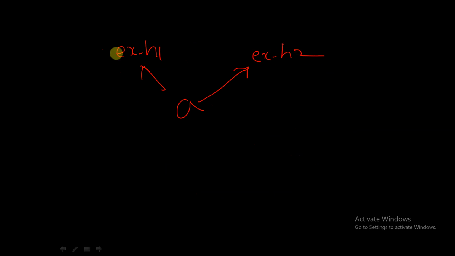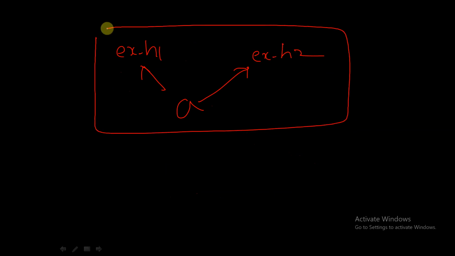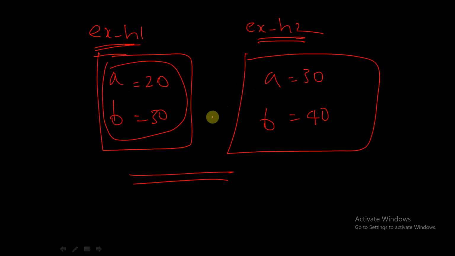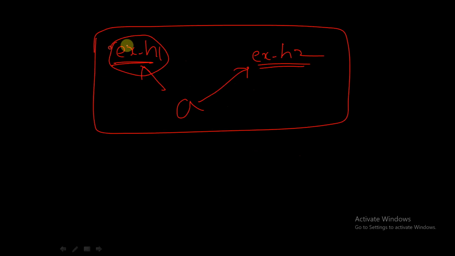There will be no separate local copy created for a in ex_h1 and ex_h2. Since it has been declared as static, it will be shared across these two object handles.